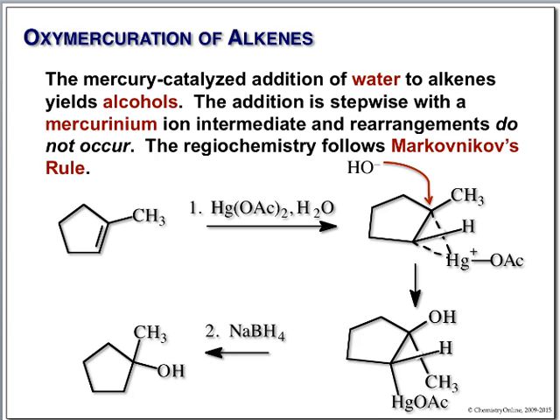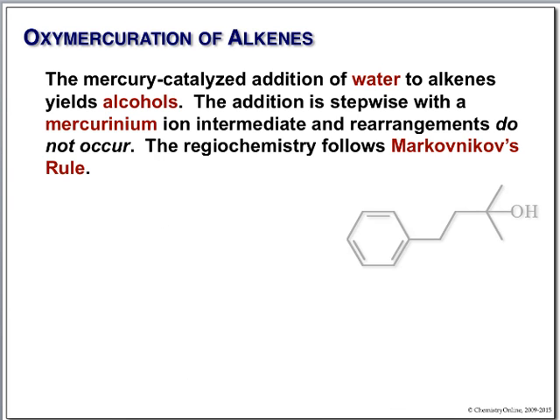Let's just look at an example where this is useful. Let's say that your entire grade in organic chemistry depended upon making this molecule, and you had to do it using hydration of an alkene. Well, you would look at this and say, okay, I have my hydroxyl group bonded to a tertiary carbon, don't I?